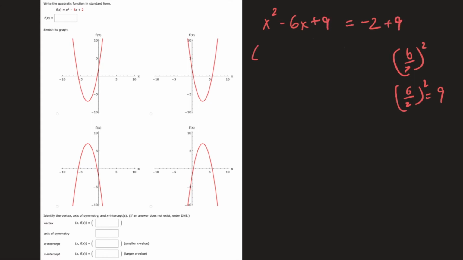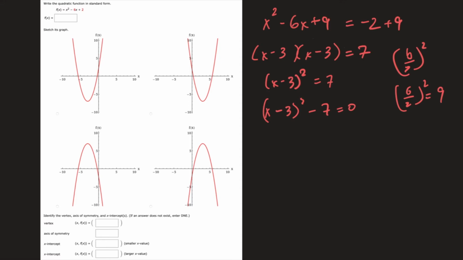Now I'm going to factor, giving me x minus 3 and x minus 3 on the left side, and on the right side is just simply 7. This can be written as x minus 3 squared equals 7. If I bring that over to the other side, x minus 3 squared minus 7, that will give me an idea of what the transformation is.